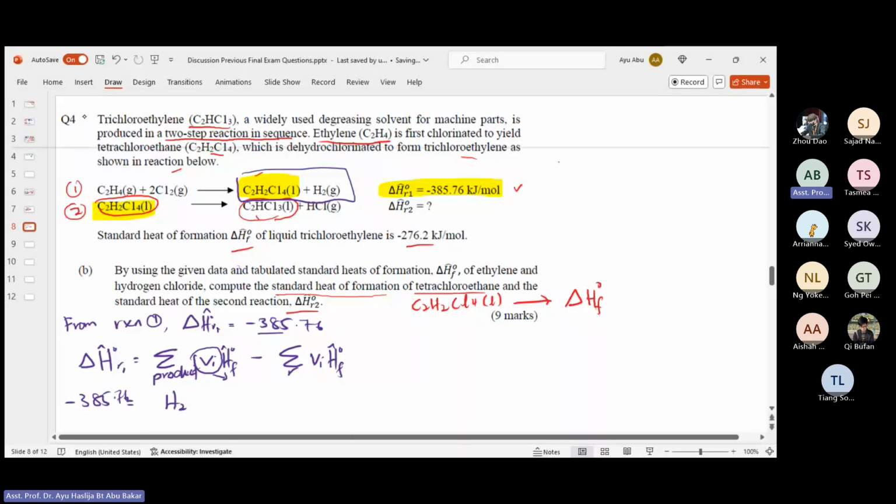So the HF of H2: the stoichiometric coefficient of H2 multiplied by the heat of formation of H2, plus, this is the product, the stoichiometric coefficient of tetrachloroethane, which is also 1, multiplied by its heat of formation.